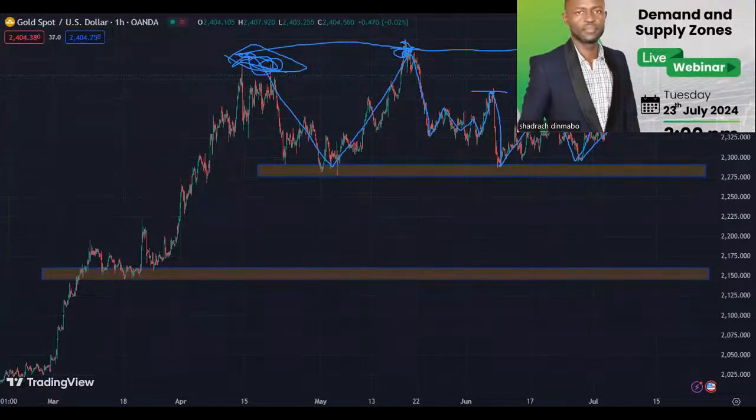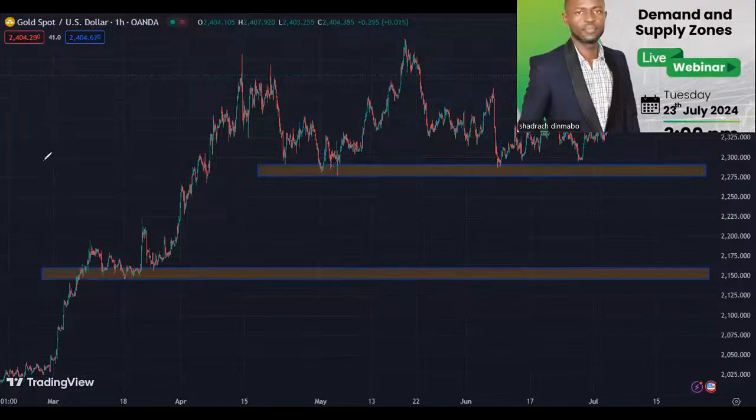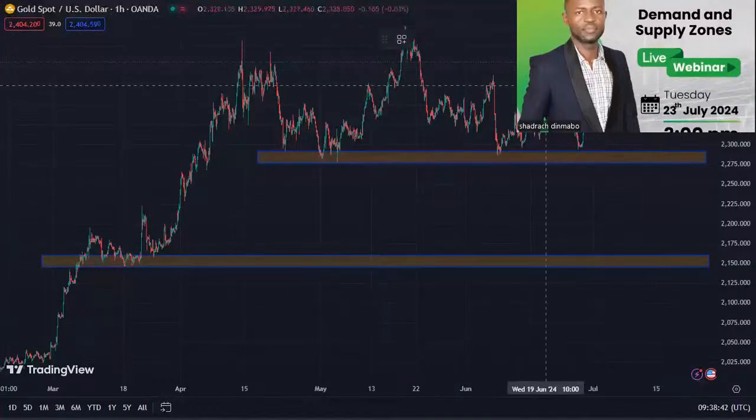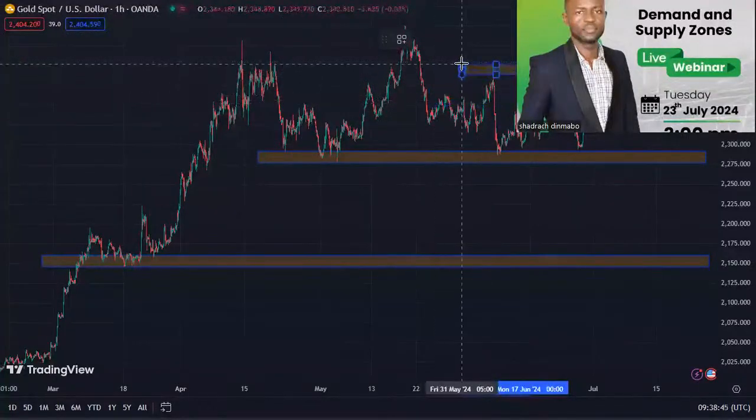So we are going to draw a zone along this point here, which we will tag as our valid supply zone. So let's take off this. And then we come here again and draw another valid zone here for now, because the market is at this spot.